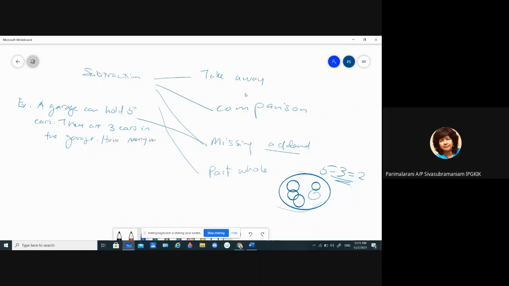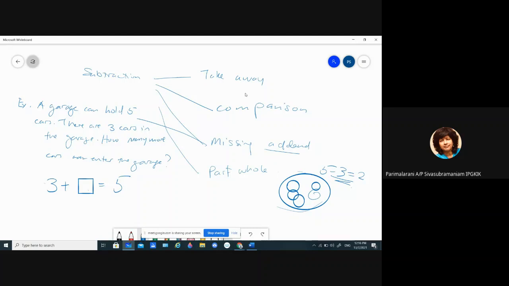How many more cars can enter the garage? The garage can hold 5 cars, so you know that altogether is 5. There are already 3 cars in the garage. So how many more can enter the garage?